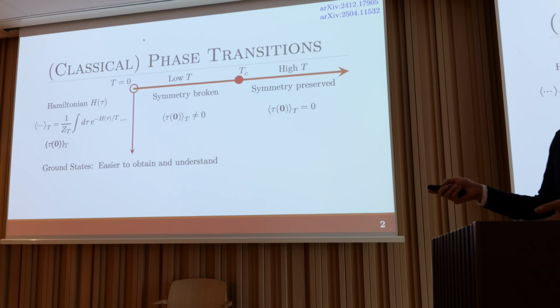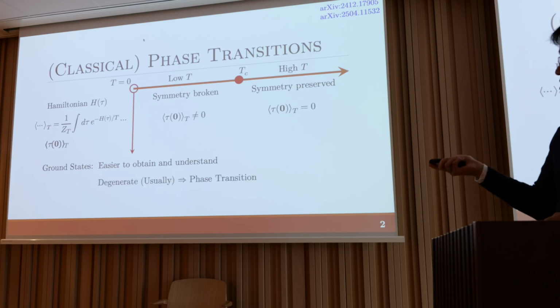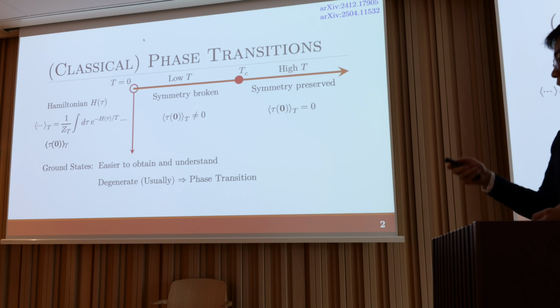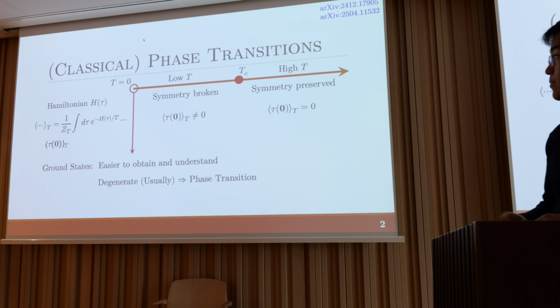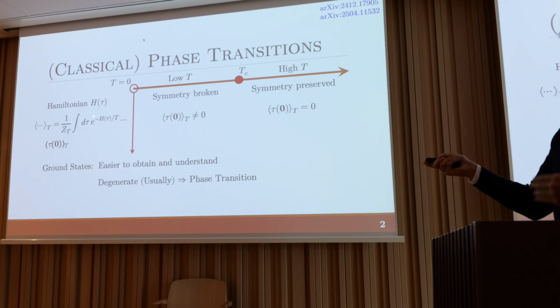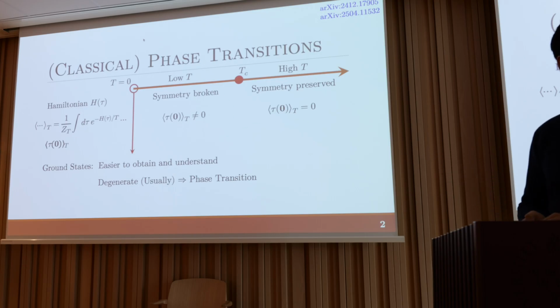It's easier to understand and obtain, and especially if they are degenerate, then this usually implies that there is a phase transition. In this talk, I will also start out by looking at ground states to give you an intuition behind the model, but ultimately the rigorous statement is formulated within these finite temperature order parameters.